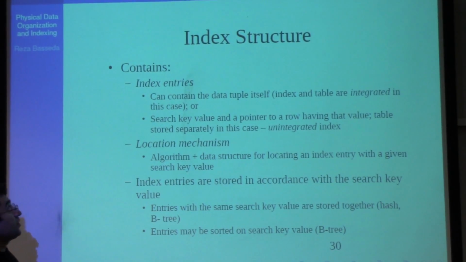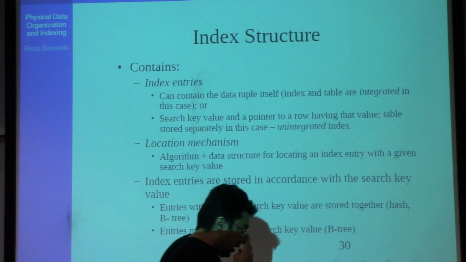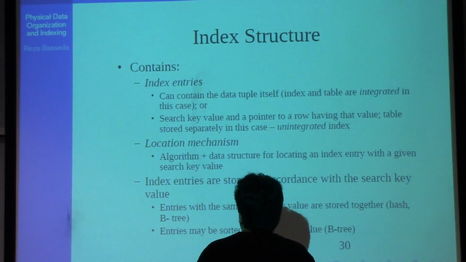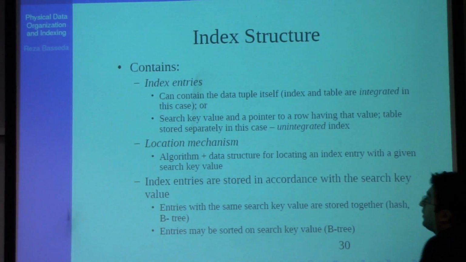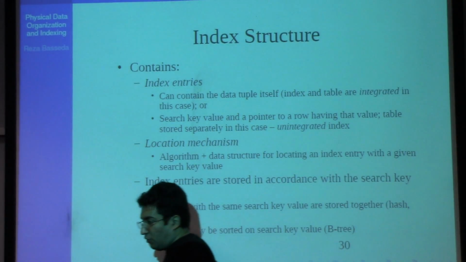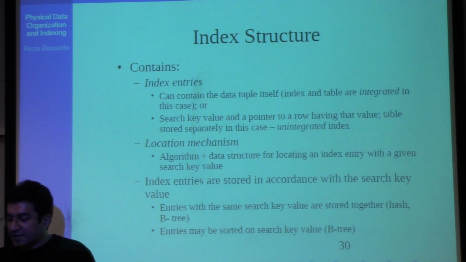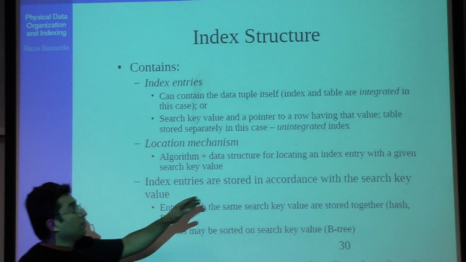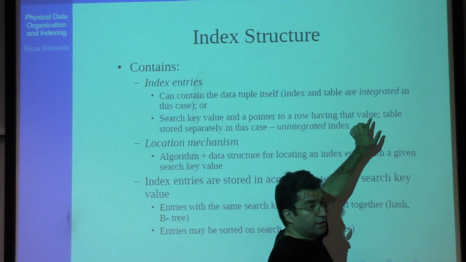So the index structure contains index entries and also a location mechanism. As I told, the index entries can contain the data tuple by itself, or index and table are, in this case we are calling index and table are integrated together.